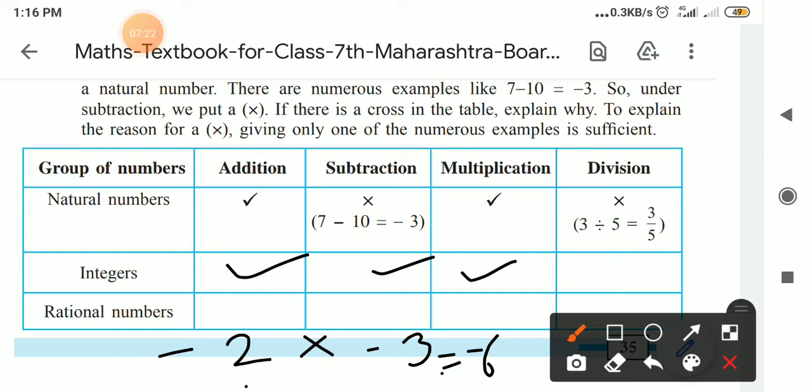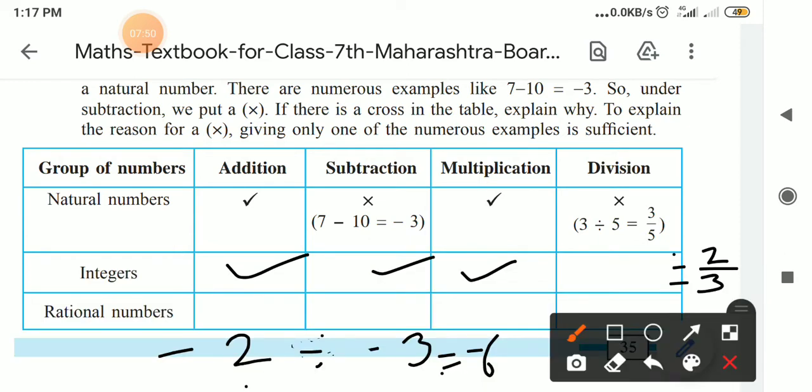Now the division we will take. Now in division, what do we have to do? Only this example we will take. Here I will take a division sign instead of the multiplication sign. Okay, so if I divide here, I will get minus 2 upon minus 3. So both negative signs cancel, and the answer will remain 2 upon 3.